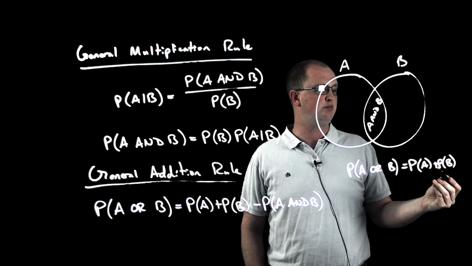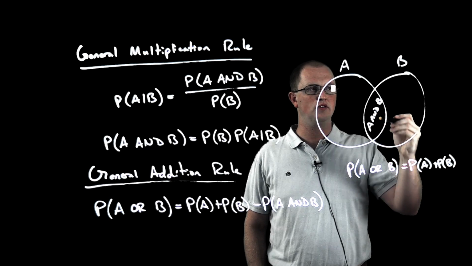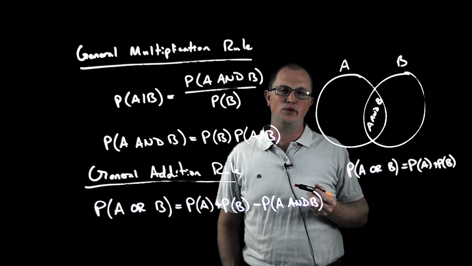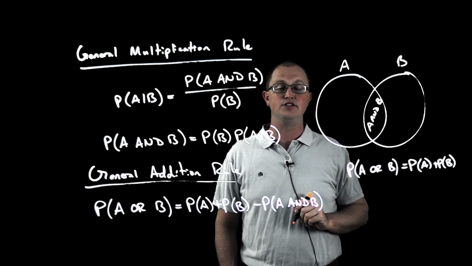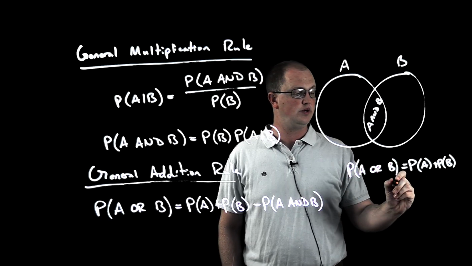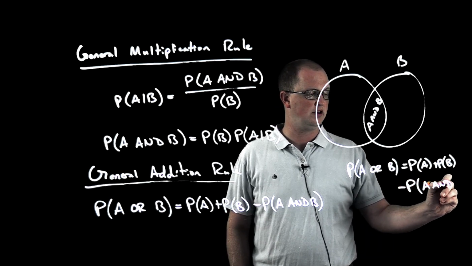But the probability of B is going to include everything in this circle, including the overlap. And so you'll notice that whenever we do that, this overlap has been counted twice. And so to adjust for that, we just subtract the probability of the overlap.